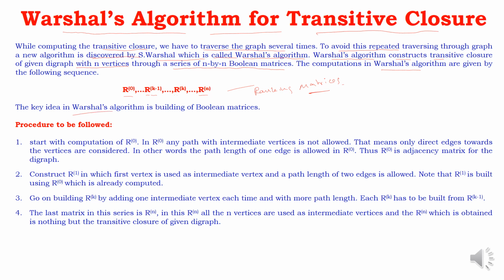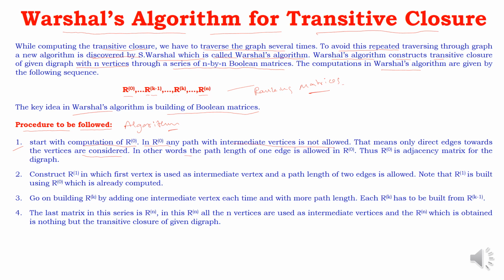The key idea in Warshall's algorithm is building these Boolean matrices, the ranking matrices. The procedure to be followed: first step, start with computation of R0, ranking matrix 0. In R0, any path with intermediate vertices is not allowed. That means only directed edges between vertices are considered.